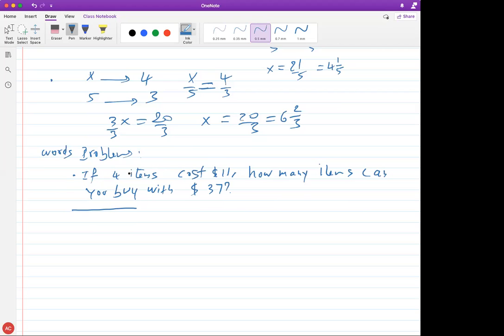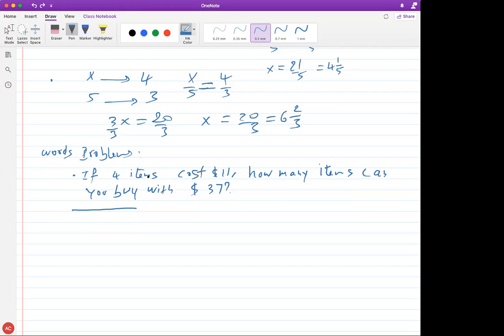Okay, so if 4 items cost $11, how many items can you buy with $37? Okay, so you want to buy some stuff, you want to spend all your money on that stuff, whatever it might be, whatever you have in your pocket. This is a ratio that's displayed in the store on the item, and you have this much money.